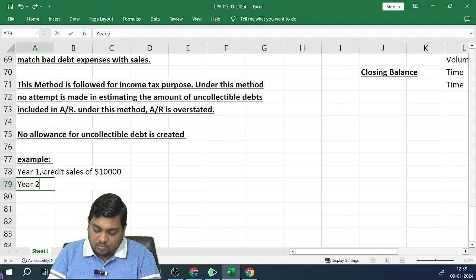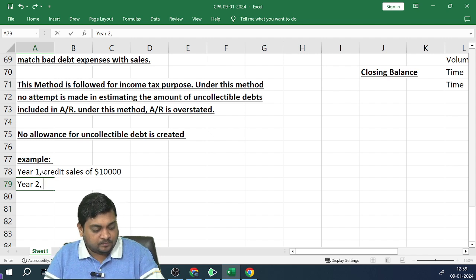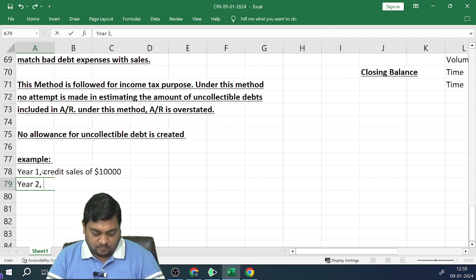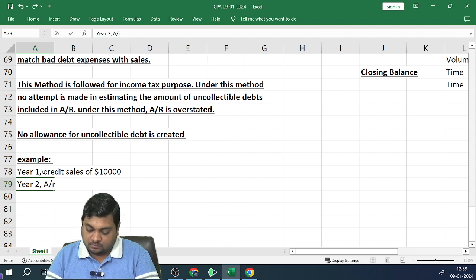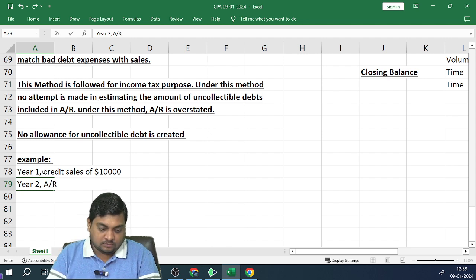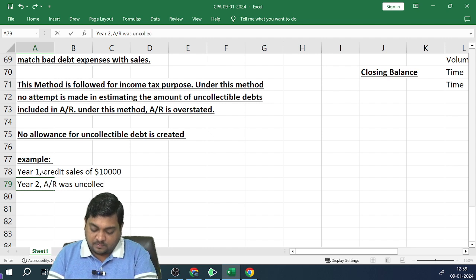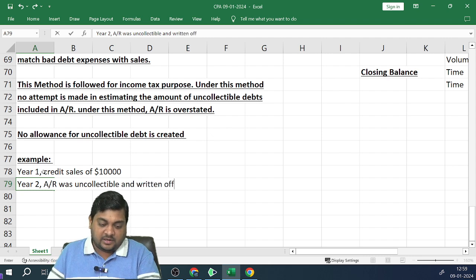Year 2, accounts receivable was uncollectible and written off.